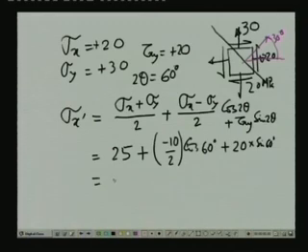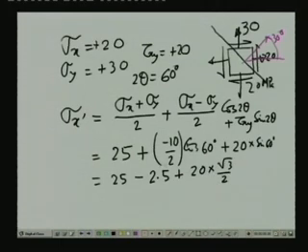So, this is equal to 25 minus 5, cos 60 is half, so this is 2.5, plus 20 times sin 60, which is root 3 by 2.